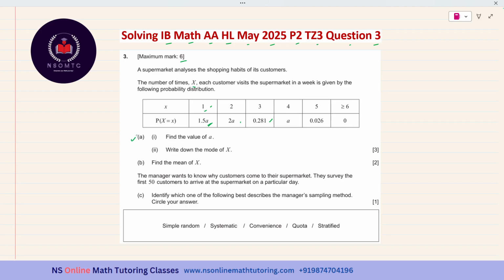Part A has two further subparts. The first subpart (i) says find the value of A. We know that the sum total of all the probabilities should be equal to 1.